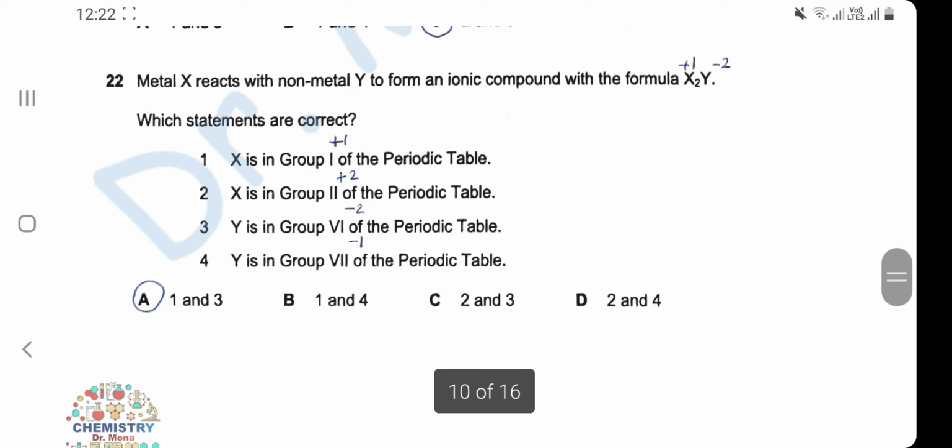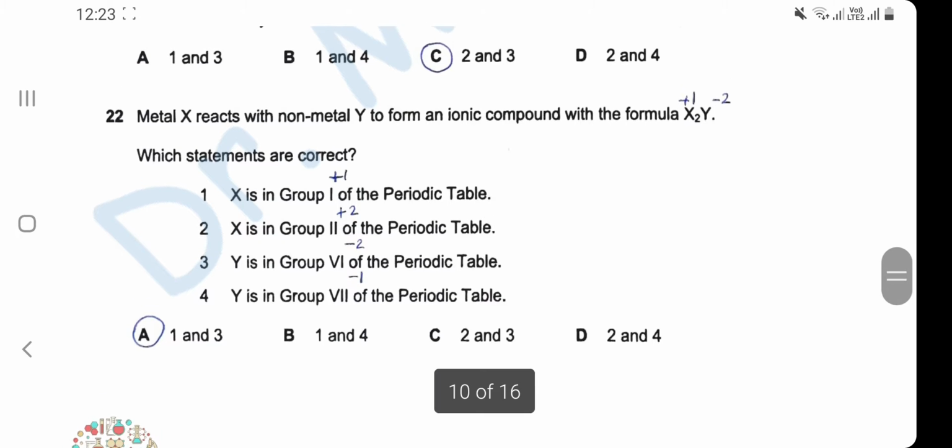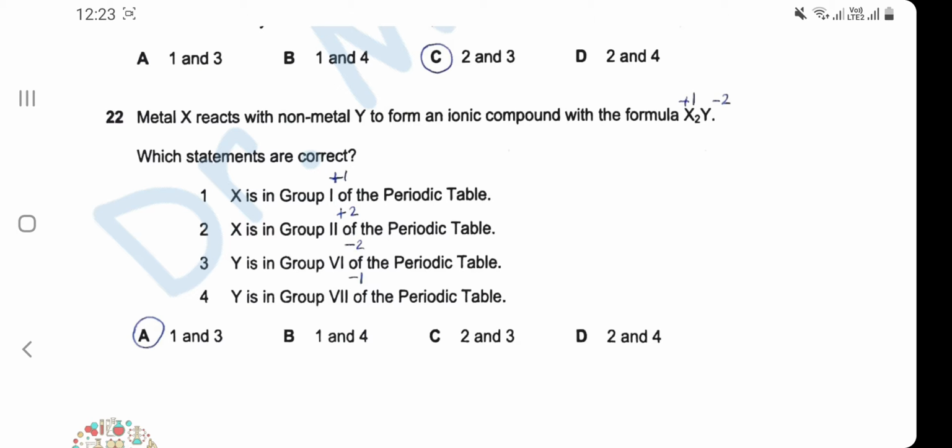Question 22. Metal X reacts with nonmetal Y to form an ionic compound with the formula X2Y. Here it's very easy.